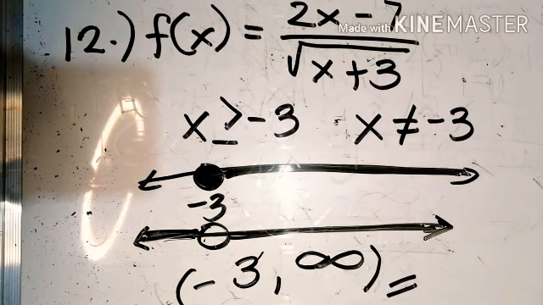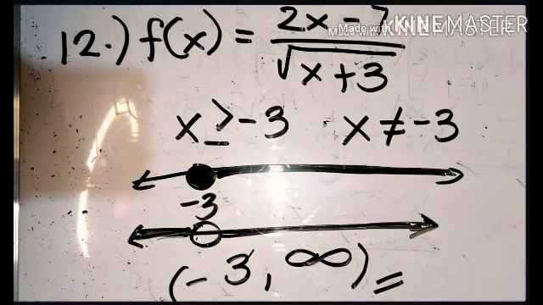Kasi yun yung intersection ng radical and rational function. Hindi naman natin pwede na i-include yung negative 3 kasi hindi naman siya suitable sa rational function. Kasi pag sinubstitute natin ng negative 3, yung rational function o yung function natin, siya ay magiging 0 yung baba.